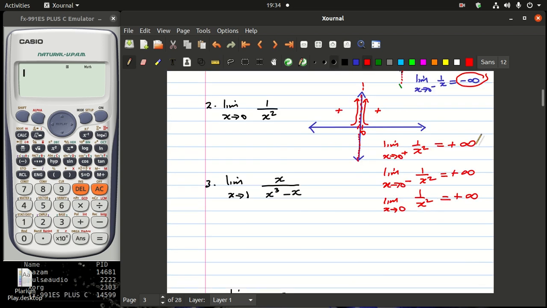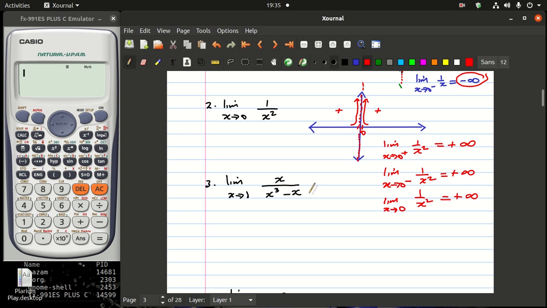If let's say I take 1 and I plug it here, what will I end up with? I will end up with 1 divided by 1 cubed, which is 1, minus 1, which is 0. So I will have 1 over 0, which is a number over 0. Now, someone might be thinking that I have an x and x and x, I need to cancel it out, and so on.